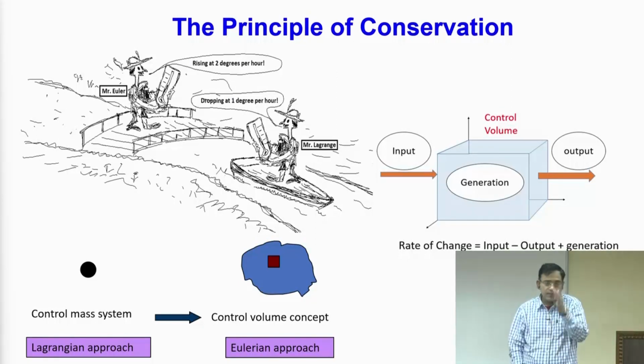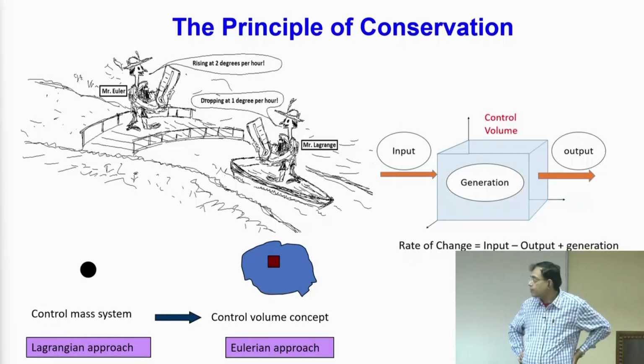Something is leaving, which is the output, and something may be generated. For example, it may be a heat transfer system where heat enters and leaves by conduction, but there is an electrical wire where current is flowing and Joule heating is produced. So, that is this generation. Generation conceptually can also be absorption, if instead of heating it is cooling.